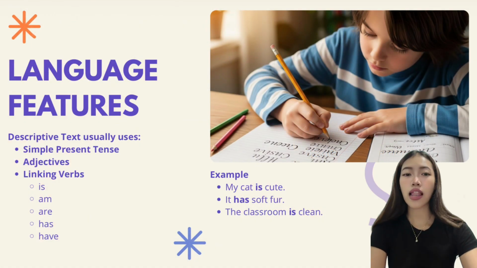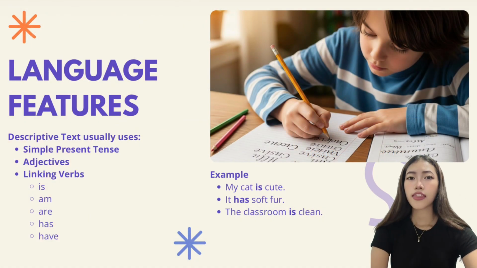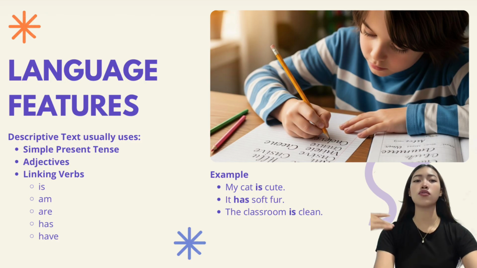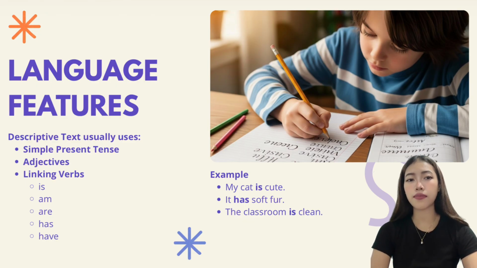Okay, next, let's look at the language features. The first one is simple present tense, because descriptive text usually talks about facts or general information. The second one is adjectives. Adjectives are words that describe nouns.